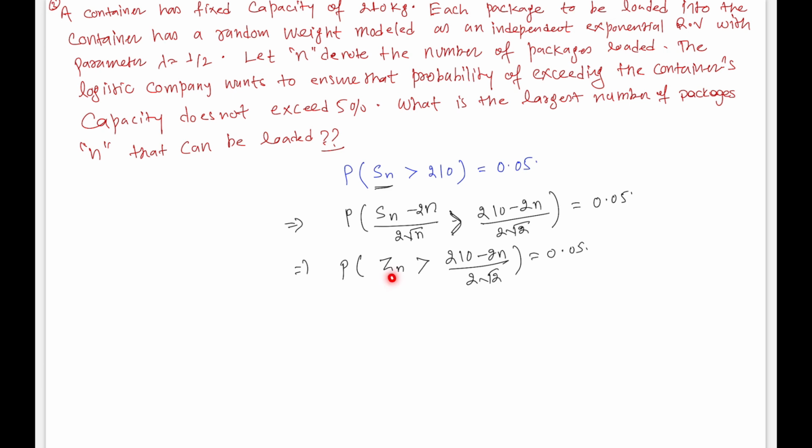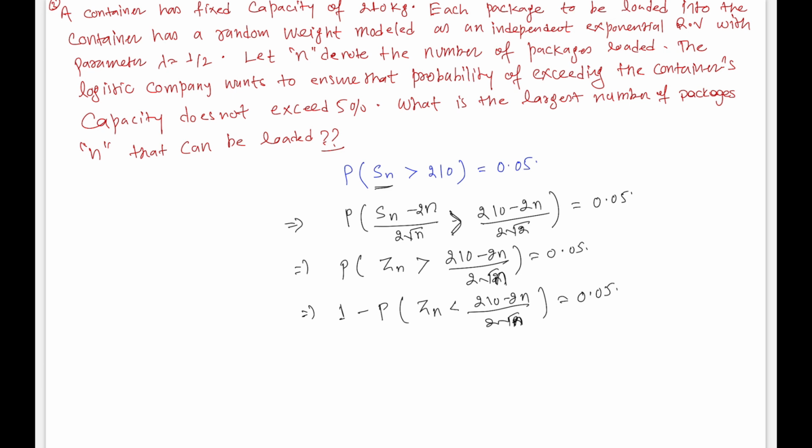Now you can consider this as a standard normal random variable. The same probability can be written as 1 minus P(Z less than (210 minus 2n) divided by (2 root n)), and that is equal to 0.05.